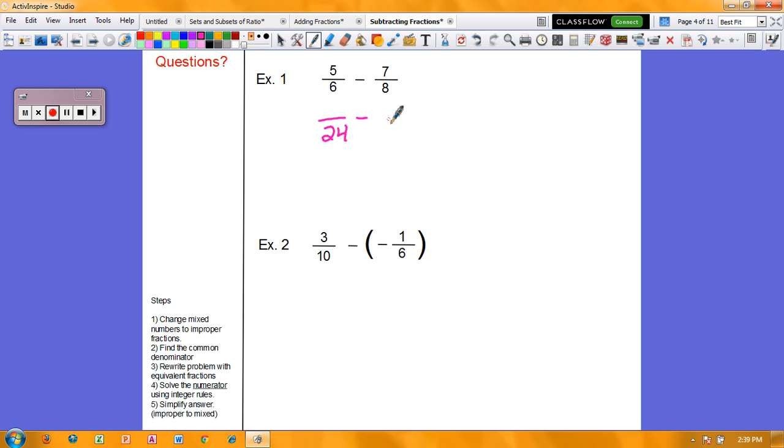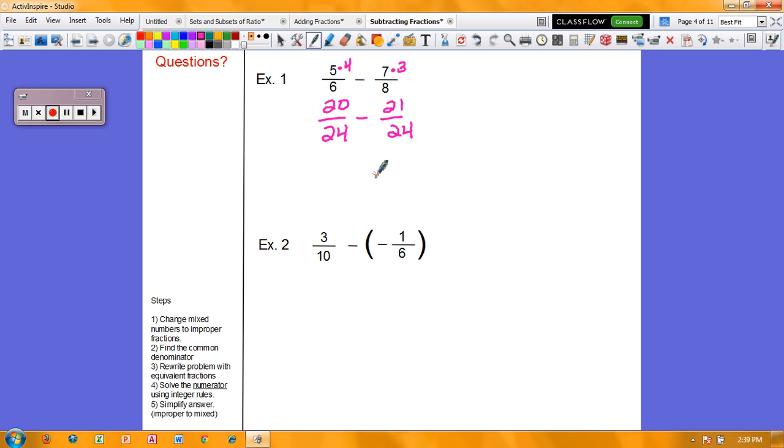So something over 24 minus something over 24. 6 times 4 is 24, so I'm going to multiply times 4 in the numerator. 5 times 4 is 20. And then 8 times 3 is 24. So we multiply the numerator times 3, and we get 21.